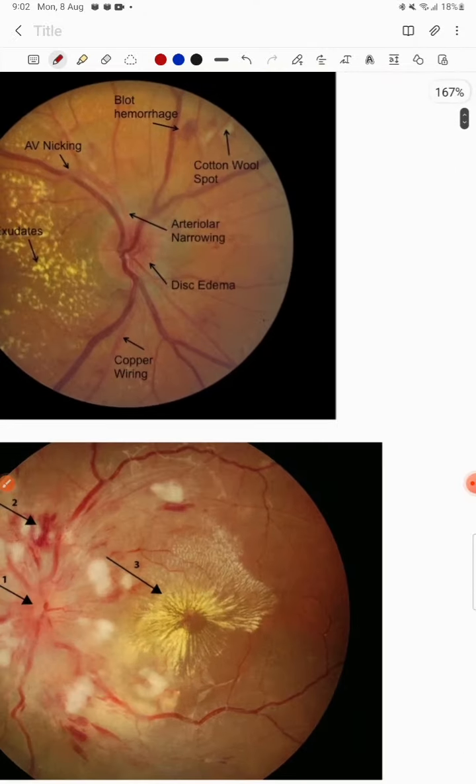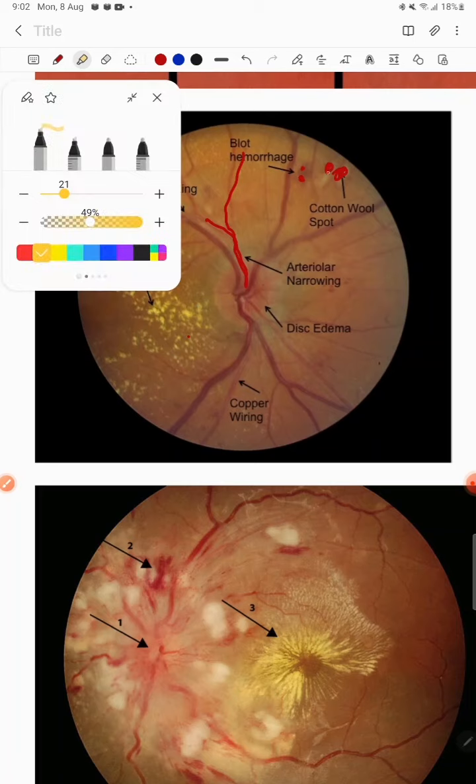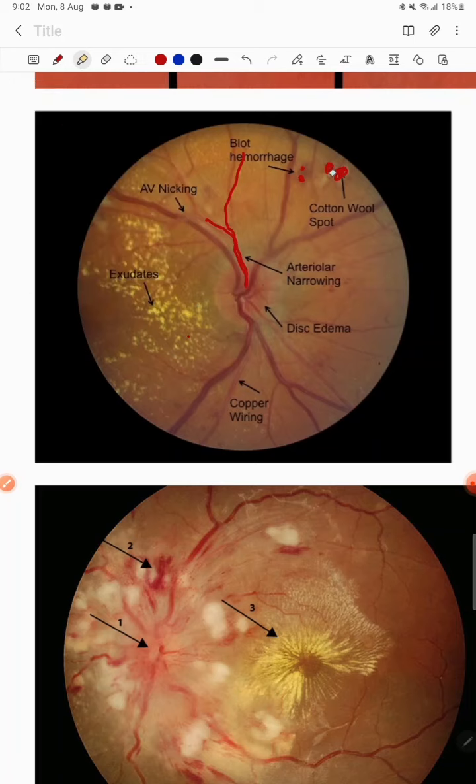You can see that there is arterial narrowing, dot hemorrhage, cotton wool spots and small hard exudates. You can see that the arteries have become narrow.